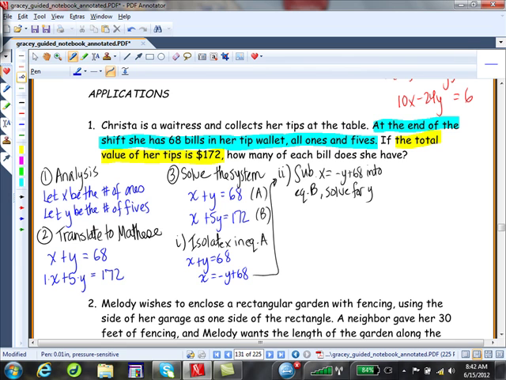So x plus 5y equals 172. x was negative y plus 68. We still have plus 5y equals 172. So here, this is what we're substituting in.